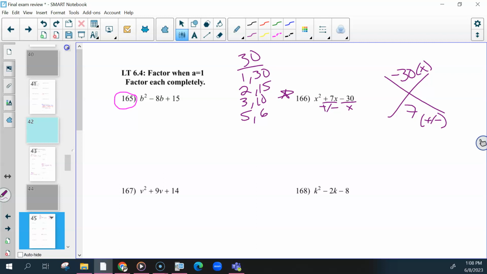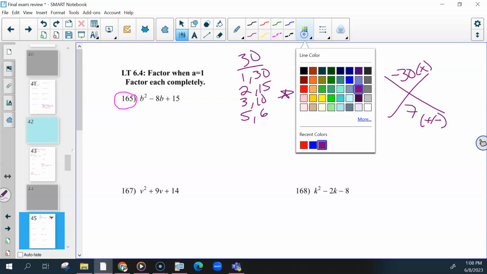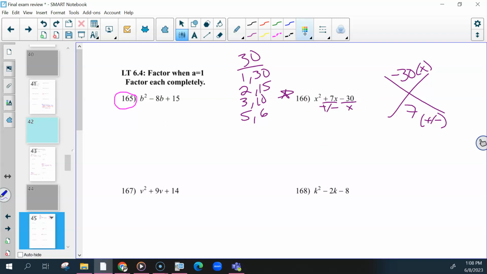Yeah, 3 times would work. One of them would have to be negative. Which one would work? Negative 3, positive 10. Correct.